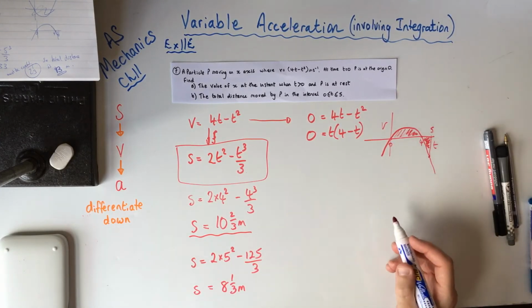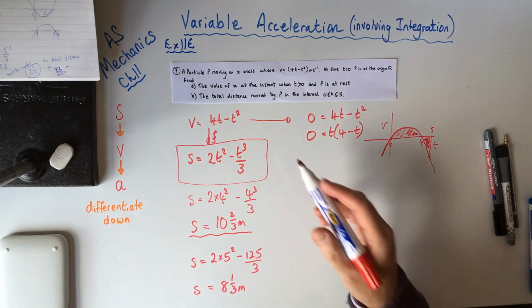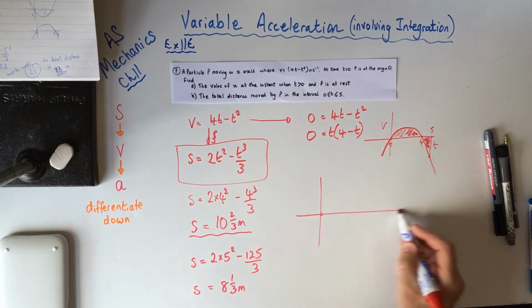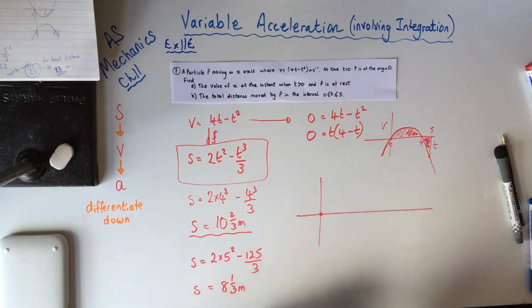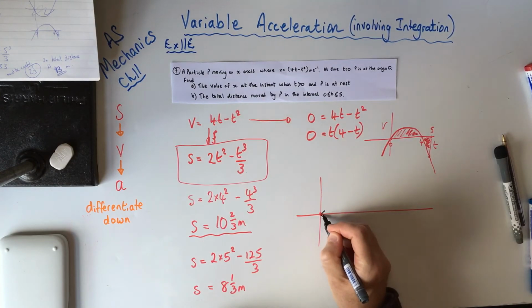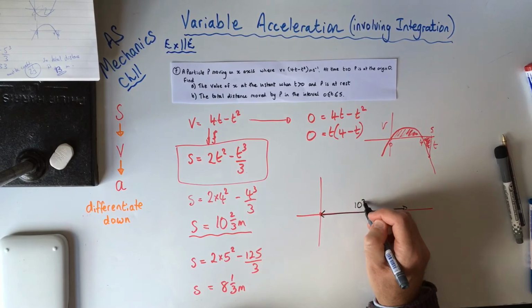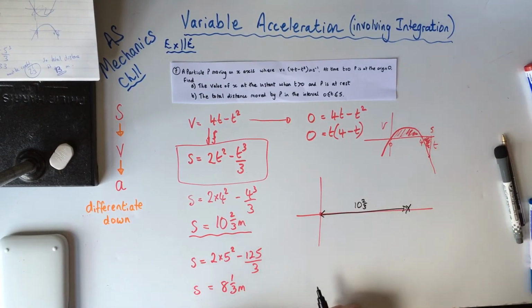Now the displacement is where it is from the origin, the x-axis. Okay, so what it's done is, in 4 seconds, let's think about this, it's moved 10 2/3 meters to that point there at 4 seconds.